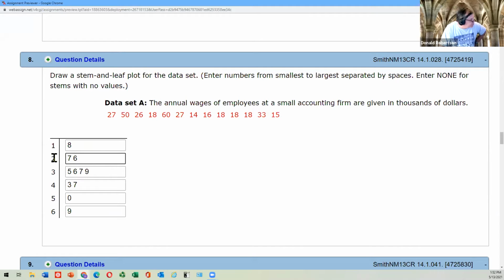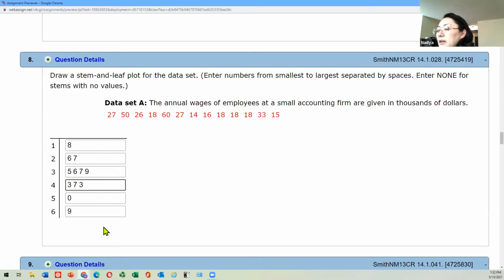So this 27 and 26 should be 26 first and then 27. Actually, that one's in order. Darn it. Let's put another number in. Ascending order, right? Yeah. So suppose you had this one, wouldn't you have to rearrange it?